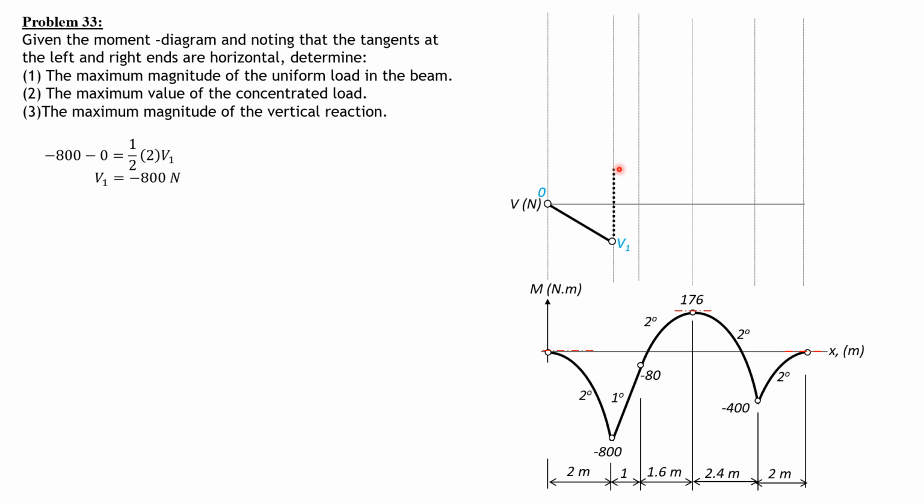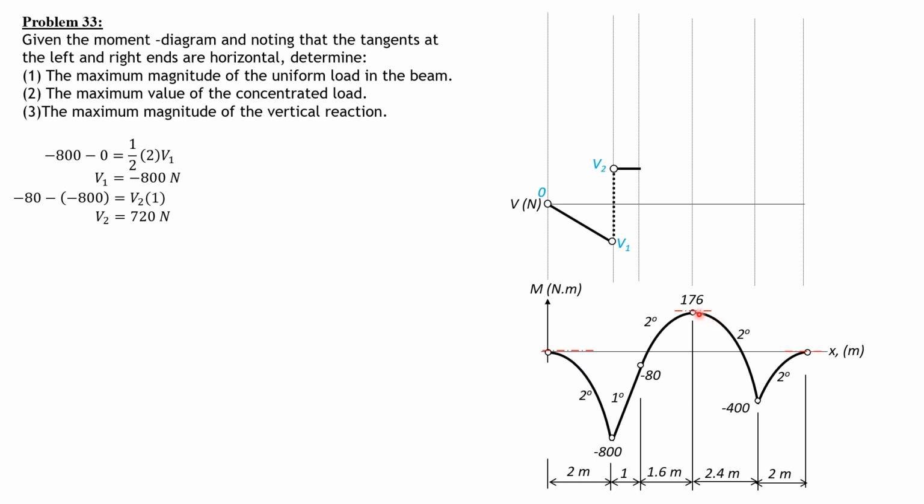Let's call the intensity of shear V sub 2, and we equate the area V sub 2 times 1 to negative 80 minus negative 800, or 720. So V sub 2 is equal to 720, constant, or 0 degree.